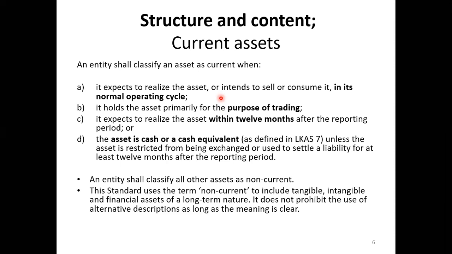So it expects to realize the assets. Some they want to sell, or intend to sell or consume in its normal operating cycle. Normal operating cycle is day-to-day operations. Second, it holds the asset primarily for the purpose of trading, buy inventory and sell inventory.